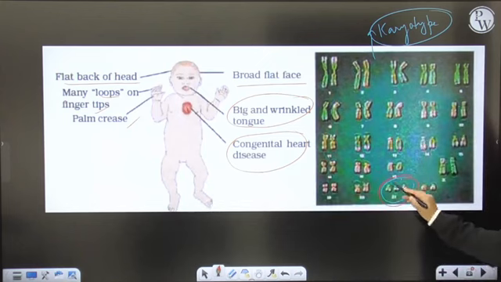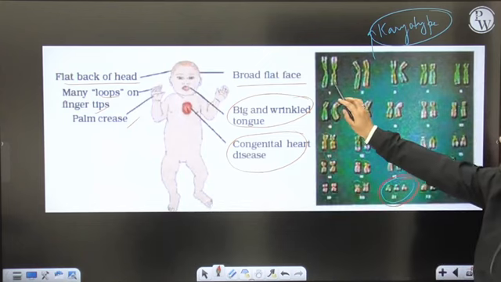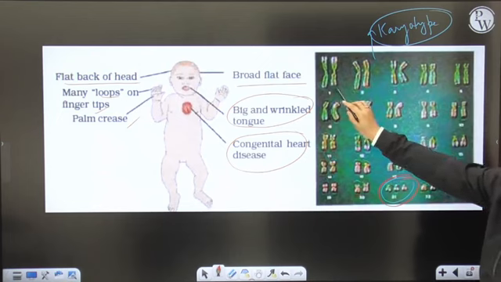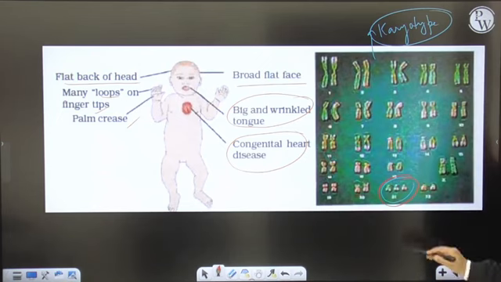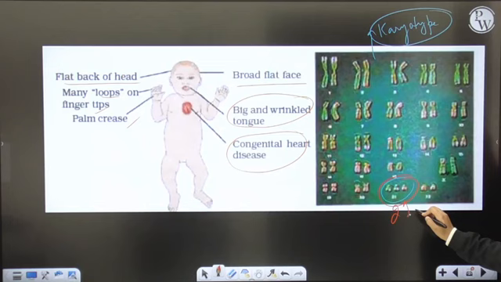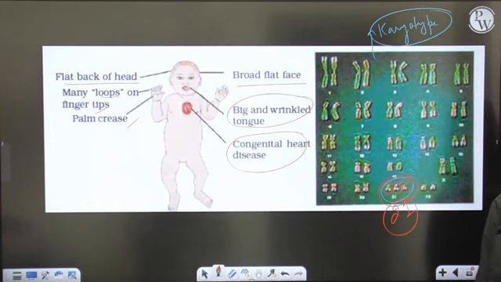Every pair has two chromosomes, but this 21st pair has 1, 2, 3 chromosomes. So this is the trisomy of the 21st pair of chromosomes. Okay.